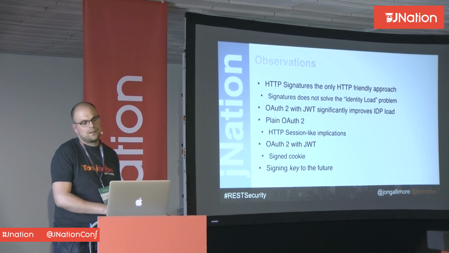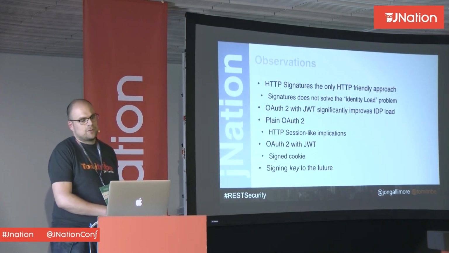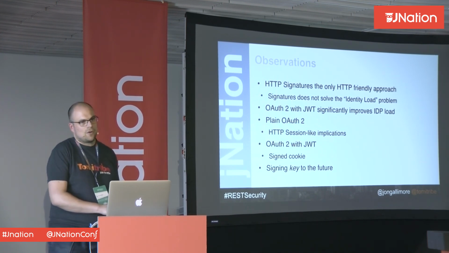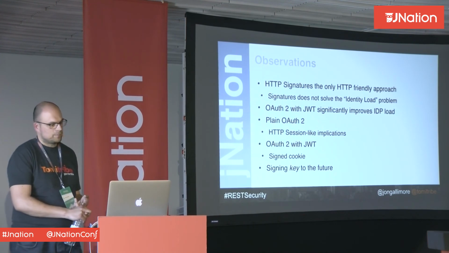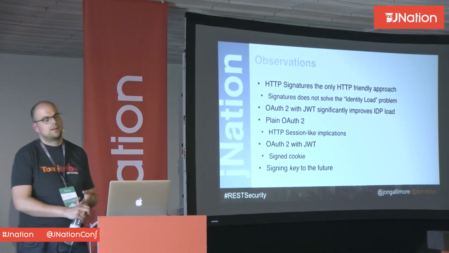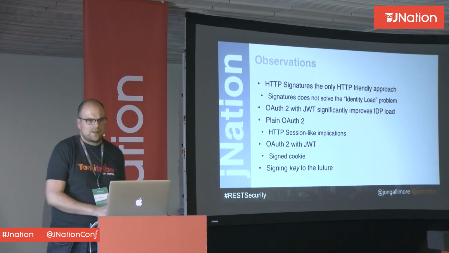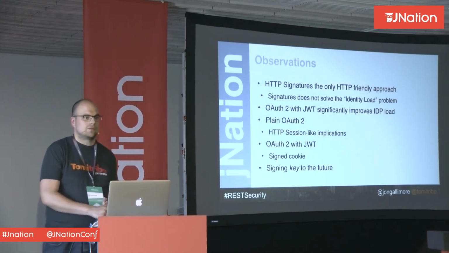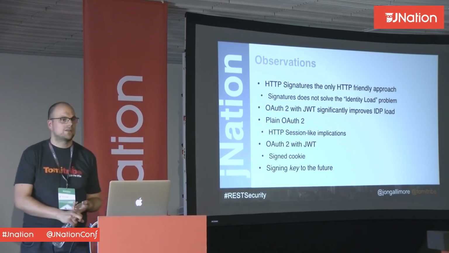But in effect, if you're using OAuth 2, do consider using JSON Web Tokens, as this can drastically change your architecture and reduce the load on your IDP system. Plain OAuth 2 is effectively like HTTP sessions, and OAuth 2 with JSON Web Tokens is much more like HTTP cookies.